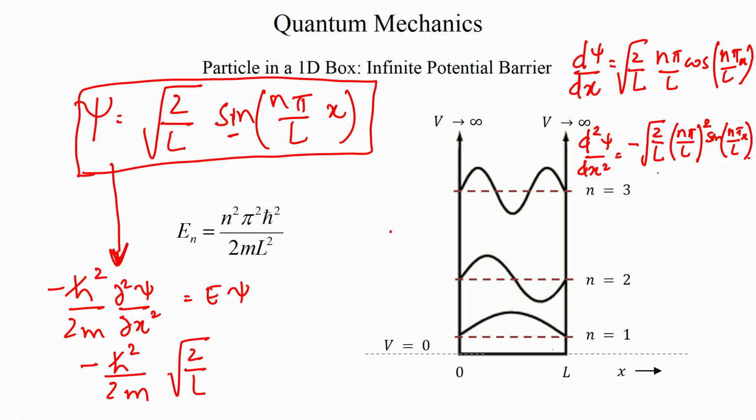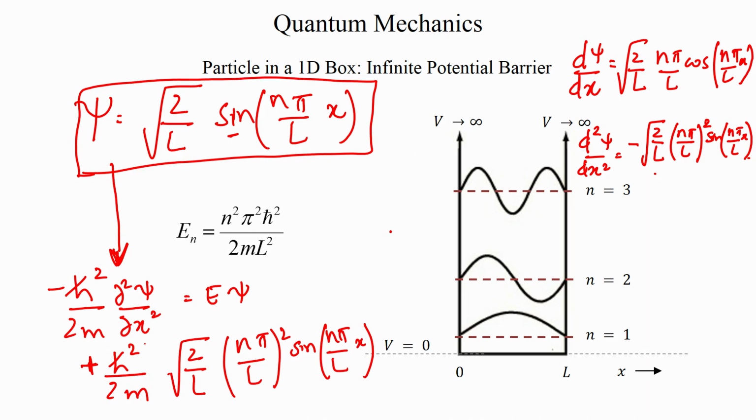We are going to use that term back here. There is going to be a minus sign because the derivative of cosine is minus sine, and that minus is going to cancel with this. So I will put a plus sign before this term, into square root of 2 by L into n pi by L squared sine of n pi by L into x.